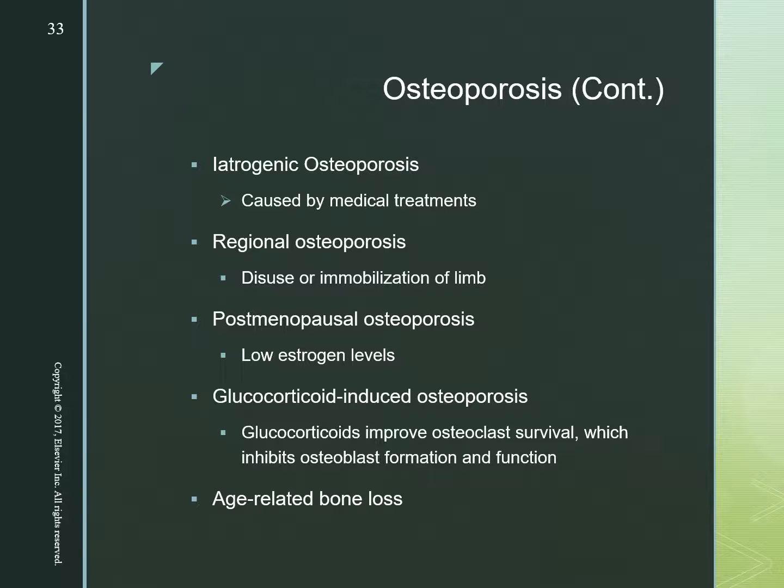There is glucocorticoid-induced osteoporosis. Corticoids improve osteoclast survival, which inhibits osteoblast formation and function. It's usually secondary to prednisone or cortisone use. And then there's age-related bone loss, and that's cause is unclear.